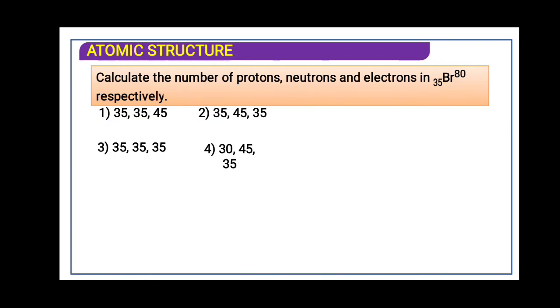Now in the middle: 80 minus 35, what will the answer be? The answer is 45. That means our answer is the second one. Right answer.